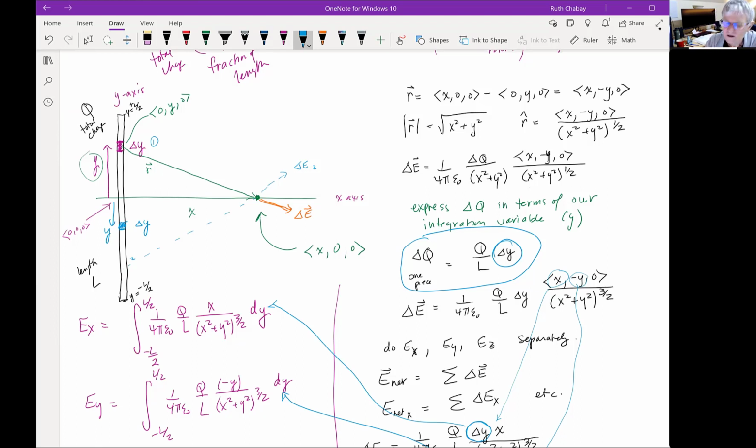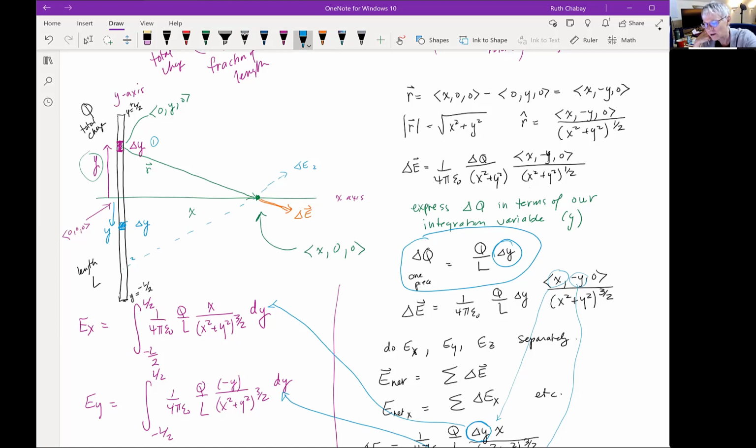So what's the thing that's changing when we add all these pieces up? X is not changing. X is just the distance to the observation location on the midline. In this situation, X is a constant in a certain sense. At this moment, X is really what you'd call a parameter. It's not exactly a constant, but it's definitely not the variable.